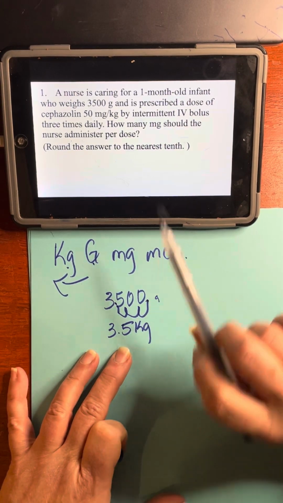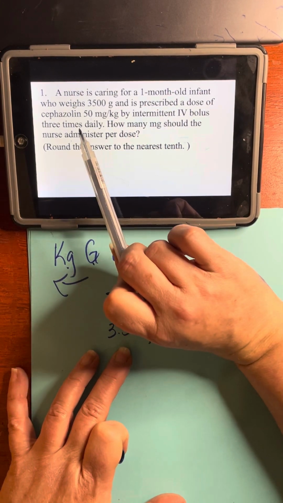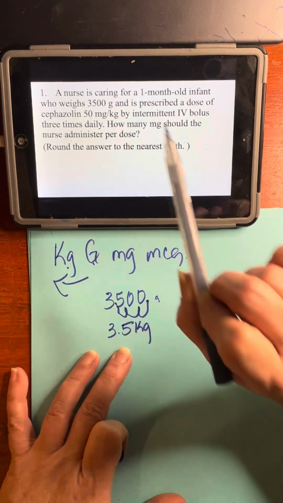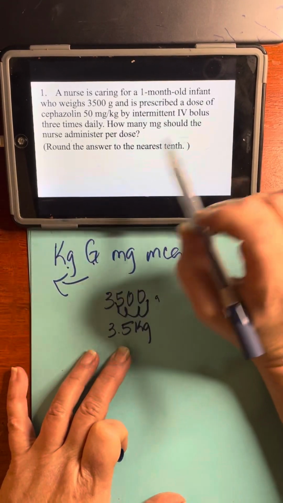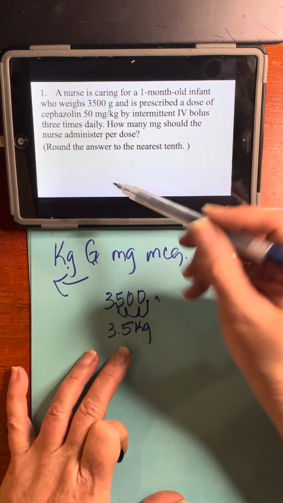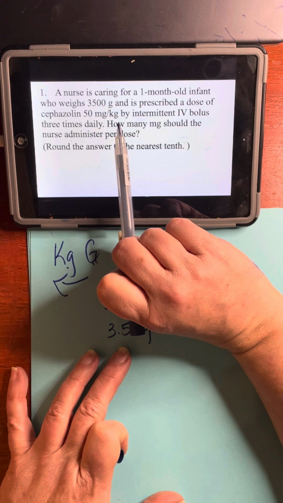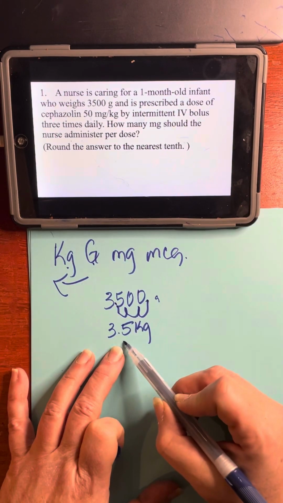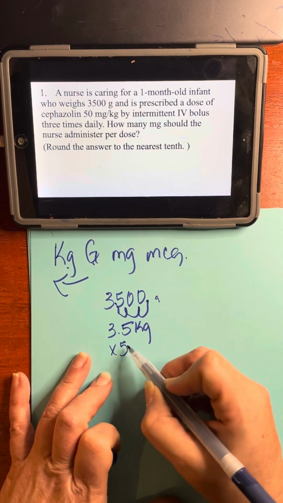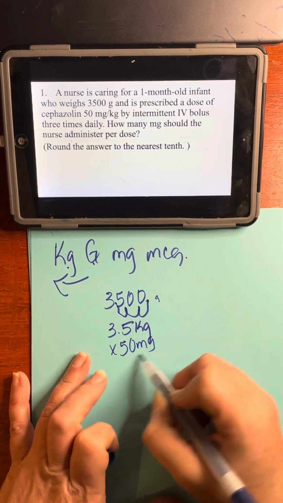so that would be the weight in kilograms, and the order is 50 milligrams for 1 kilogram. 50 milligrams per every single kilogram. We got 3.5 of them, so we have to multiply 3.5 times 50 milligrams.